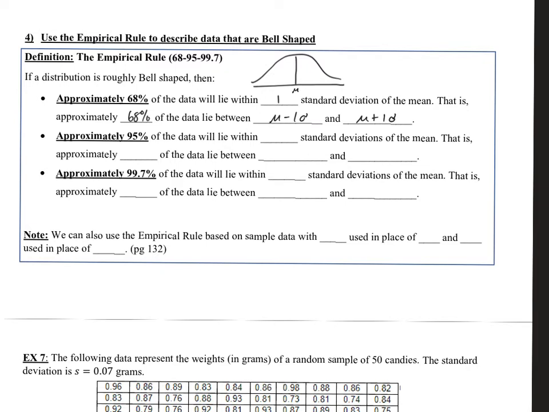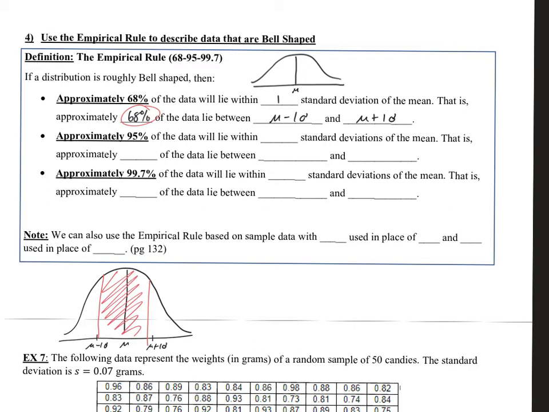I'm going to go ahead and draw this on the bottom here. You might not have room for it, but just a visual for you. So this is for 68%. We have our mean, mean minus 1 sigma, mean plus 1 sigma. And that gives me the 68% right there.